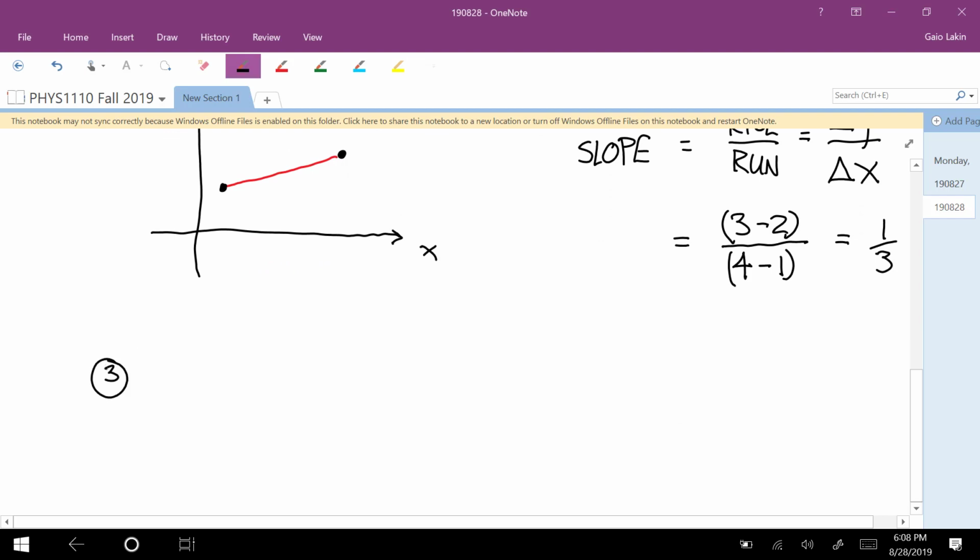Number 3, we started out with a times b squared times c squared over b to the 4th times a times the square root of c.